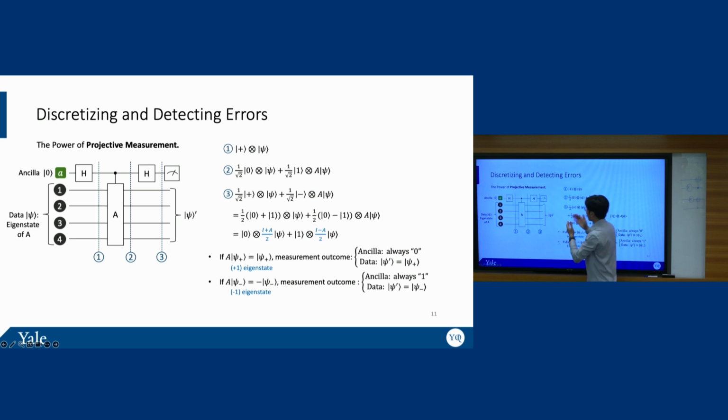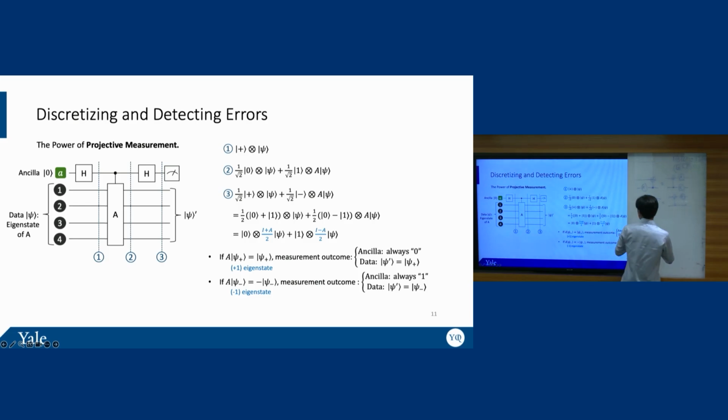That's called the phase kickback effect. But we're going to generalize this more to generic Pauli errors next.